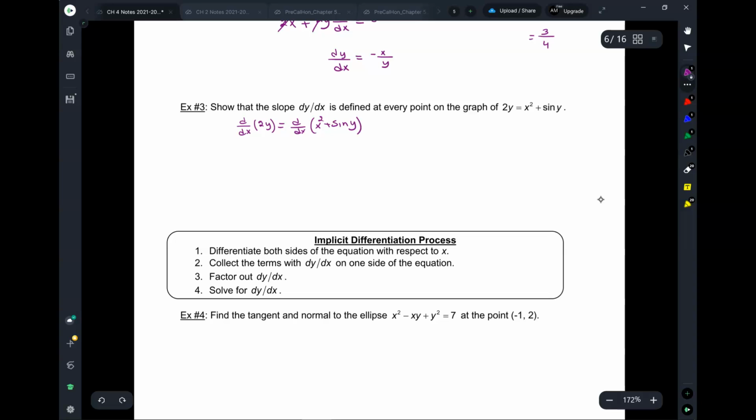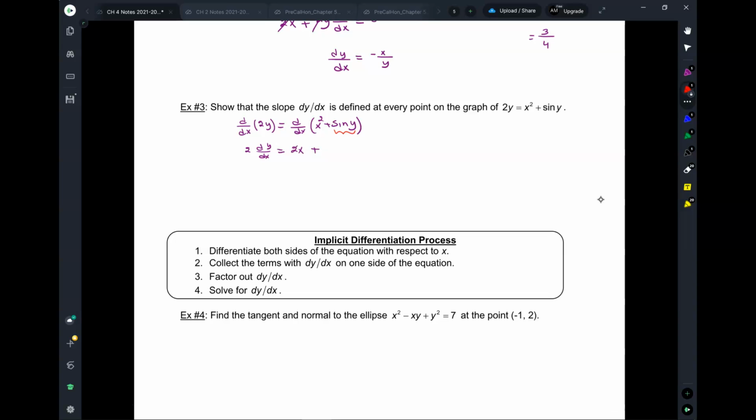And it's exciting. Okay, so here, the derivative of 2y is 2. But since it's a y, d/dx of y, which is dy/dx, equals, okay, I need the derivative of x squared, 2x, plus the derivative of sine y.